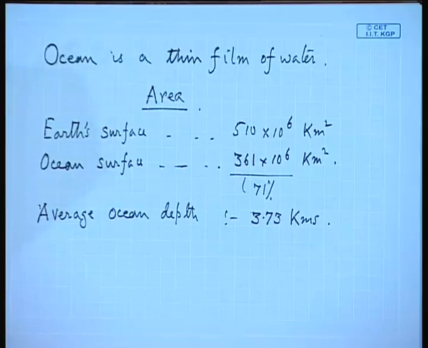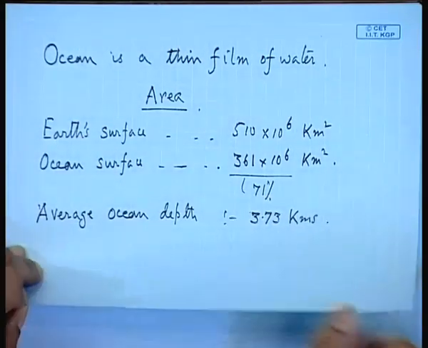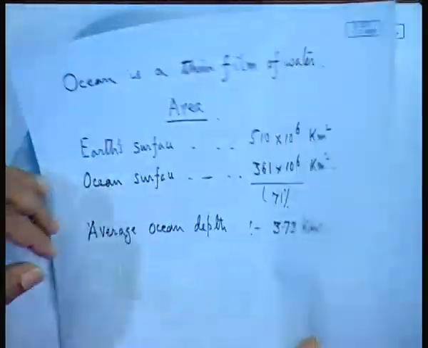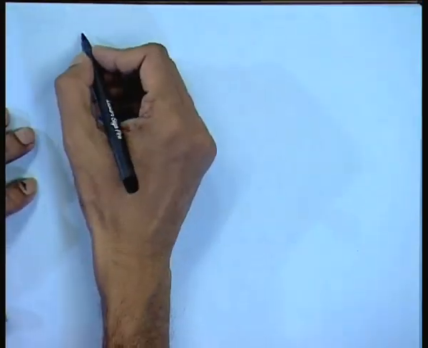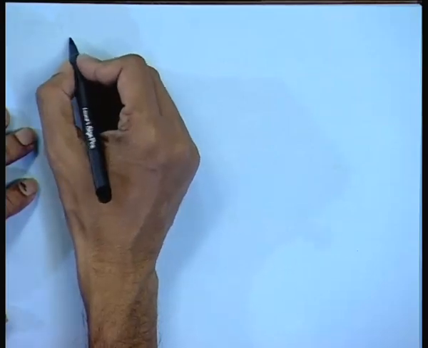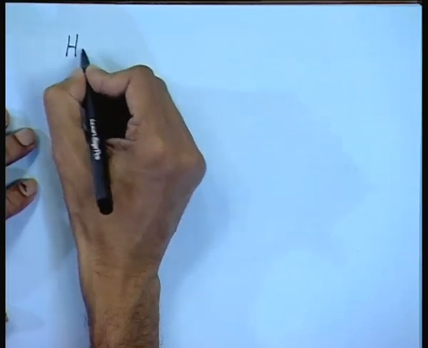Now, the total water distribution, if we break it down, is called the hydrosphere distribution.